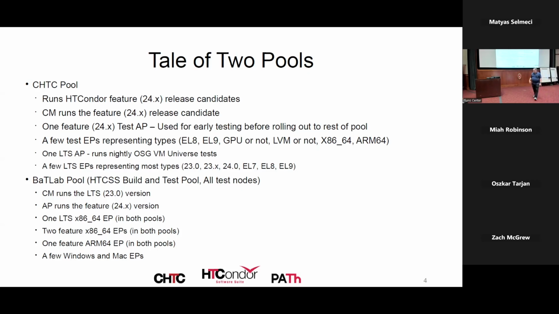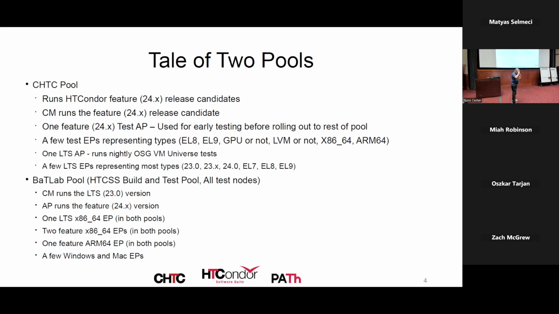The BAT lab pool is used by our development team, HTCSS, and this is where we build all our software. So if there's a problem with Condor, we're going to shoot ourselves in the foot first. So this one is running an LTS central manager. And then we have an AP that runs the feature release.